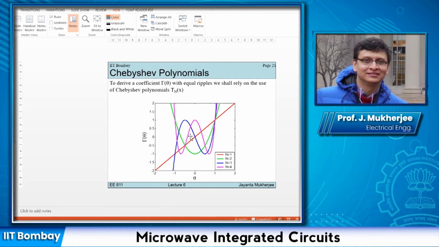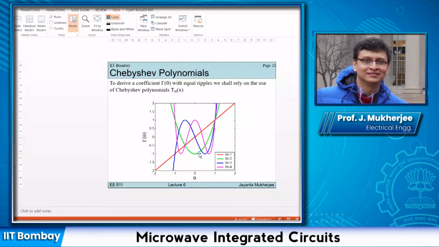And you can see that these curves verify what we just saw, that when the value of x is between -1 and +1, the Chebyshev polynomial will also lie between -1 and +1. However, note one thing, that there is a new feature called ripples.